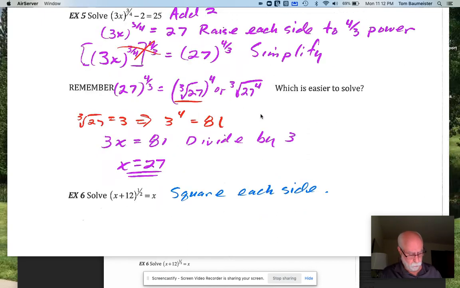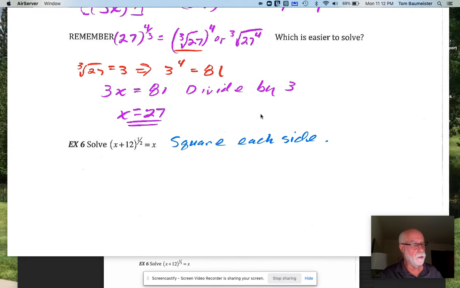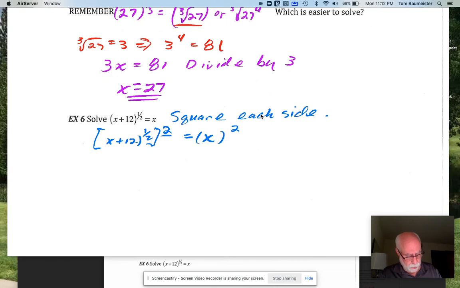So we're going to take x plus 12 raised to the 1/2 power, I'm going to square that. And then I'll take the x here and I'm going to square it. So on this side here, again, if you think of it as 2 over 1, that becomes 1. So on this side right here, we're just going to have x plus 12. On the other side, we have x squared.